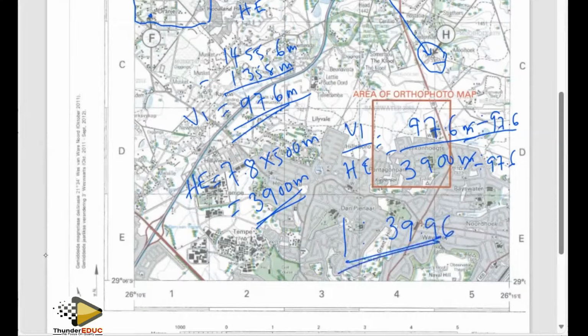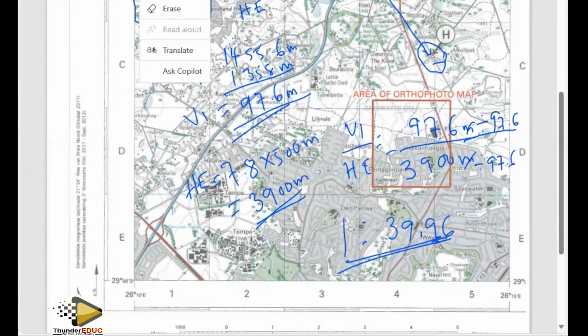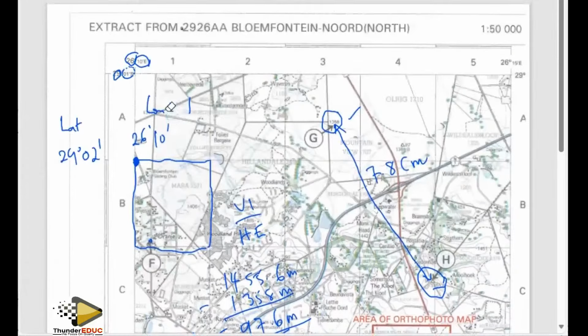This is the value of our average gradient between the 2 points. 1 is to 39.96 in ratio format. That is our gradient between the two points from the map. Right. I think it's understood. Let's move on to the next question.